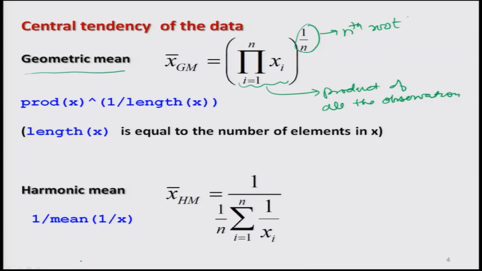This is how we compute the geometric mean of the data x1, x2, xn. In R, there is no direct function to compute the geometric mean, just like the arithmetic mean. So, what I want to show you here is that this can be computed directly using some other functions.